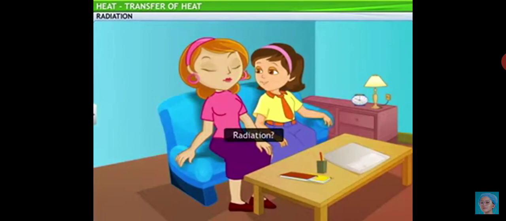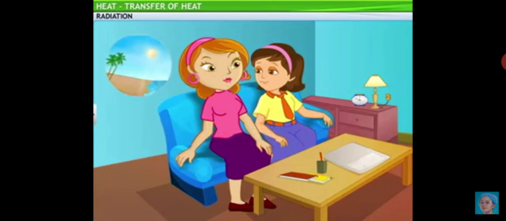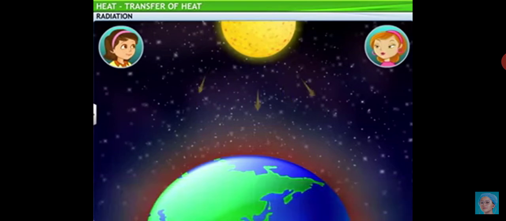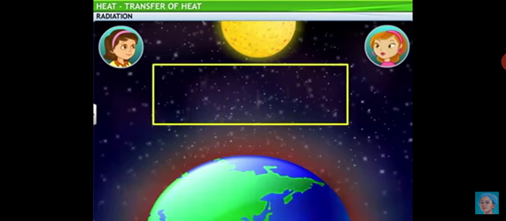I think I've heard the term before. You would have heard the term being used with regard to the sun's radiation. Radiation is a process in which heat is transferred from one object to another either through a medium or vacuum. So, the remarkable thing about radiation is that heat is transferred even in the absence of a medium.